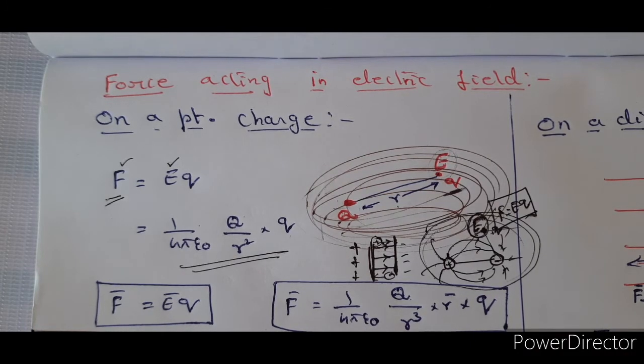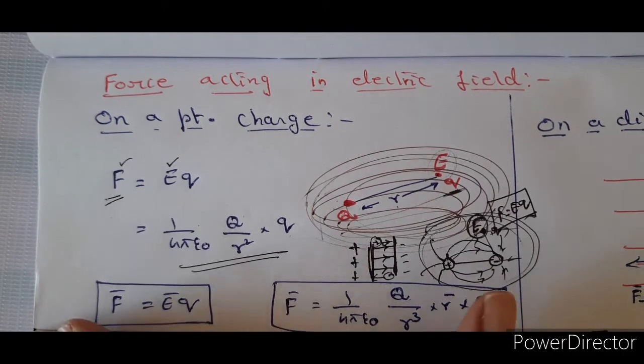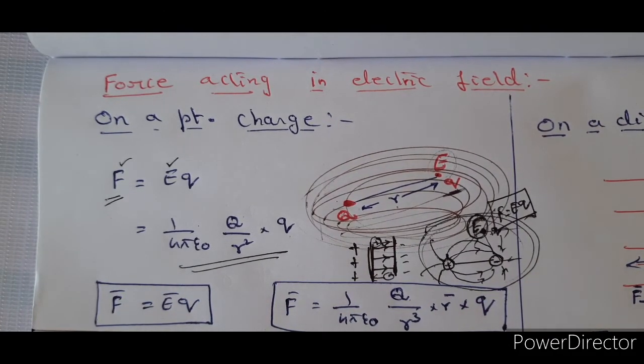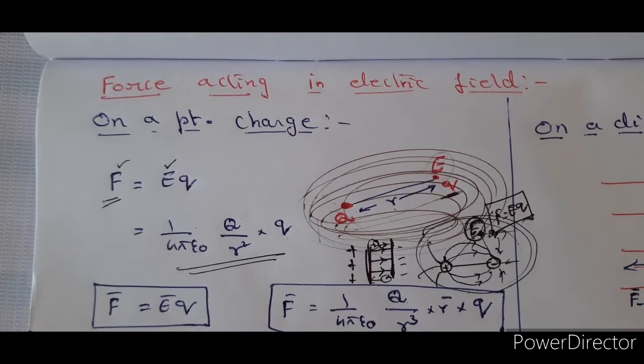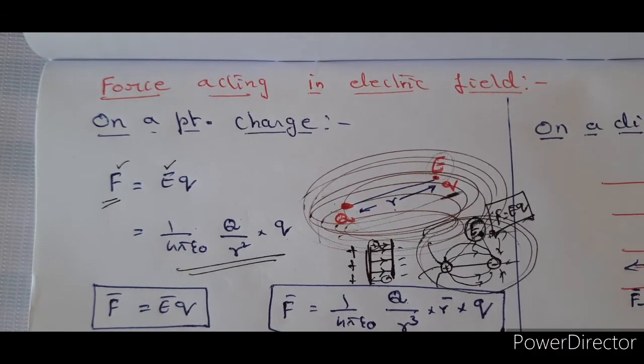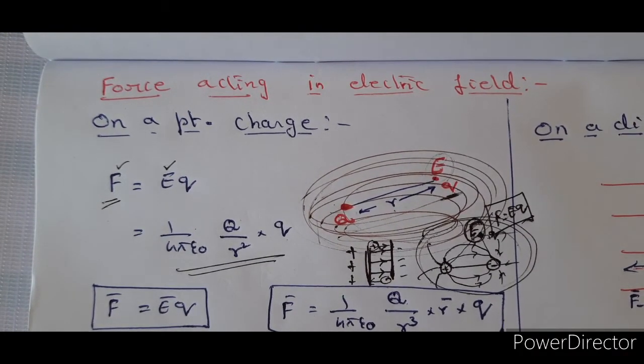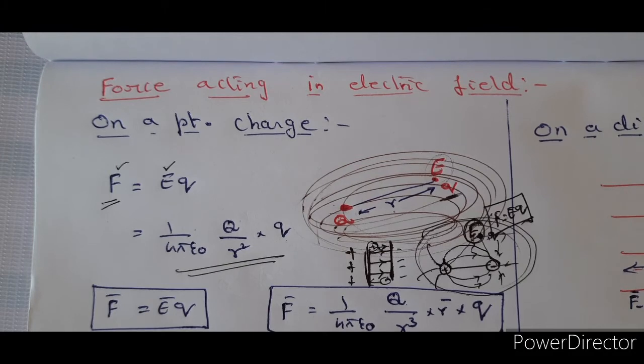Finished. F is equal to EQ. So this is very simple. It's not so complex. Only the thought, like, I know only uniform fields, I know only Coulomb's law, I don't know this one. Nothing to be worried like that. So always F is equal to EQ is the force experienced by a point charge which is left inside the field. The field may be uniform or non-uniform.